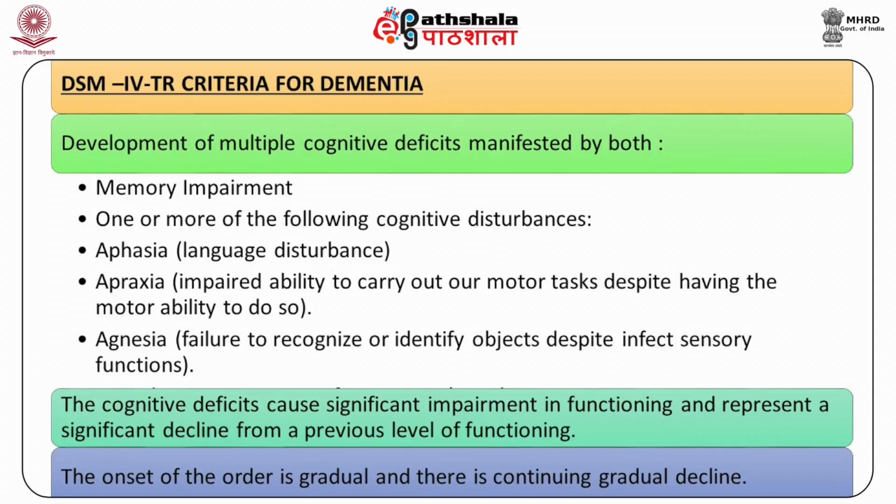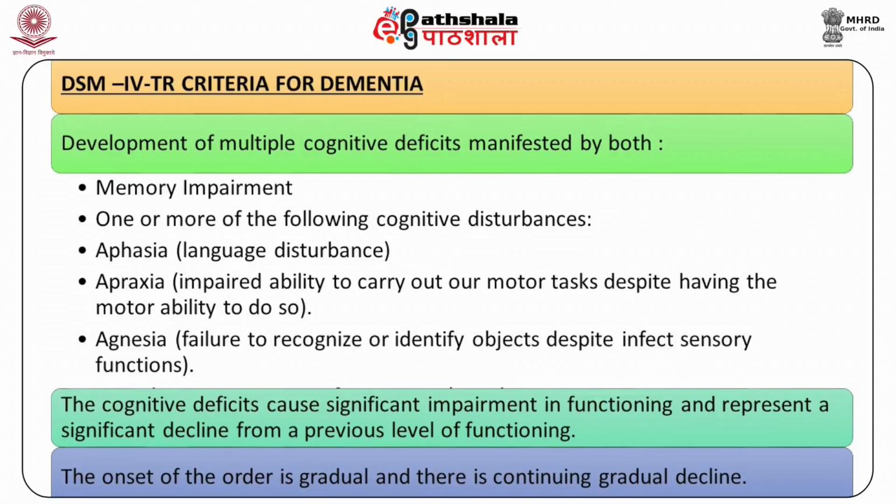B. Apraxia, that is impaired ability to carry out motor tasks despite having the motor ability to do so. C. Agnosia, that is failure to recognize and identify objects despite intact sensory functions. D.